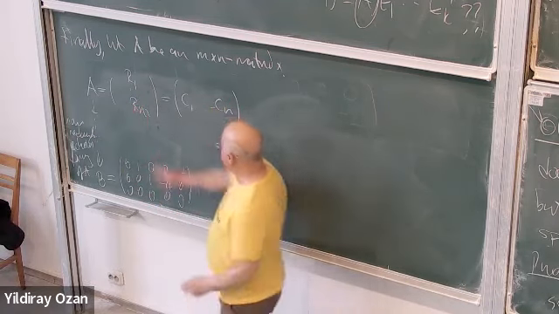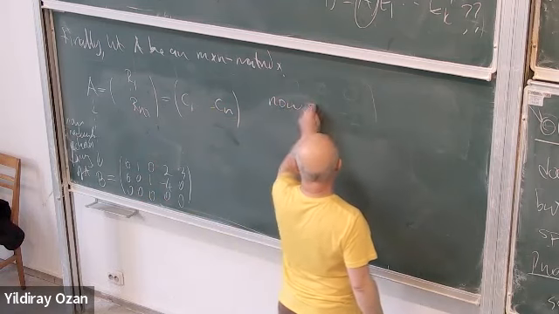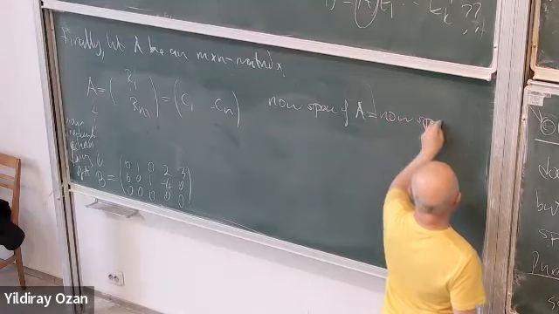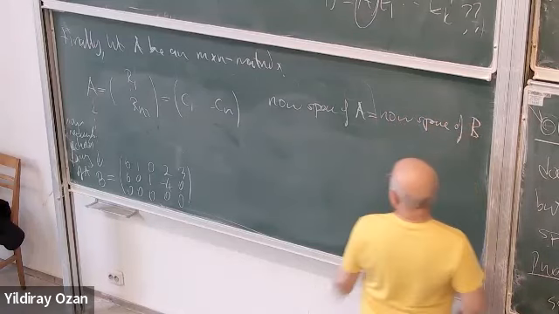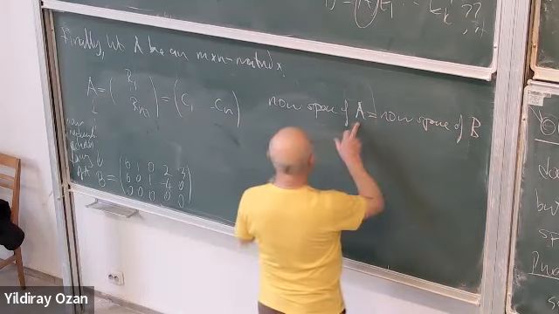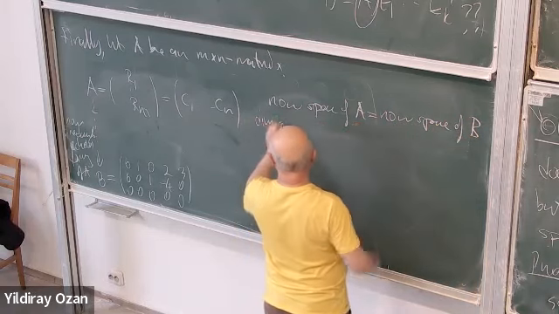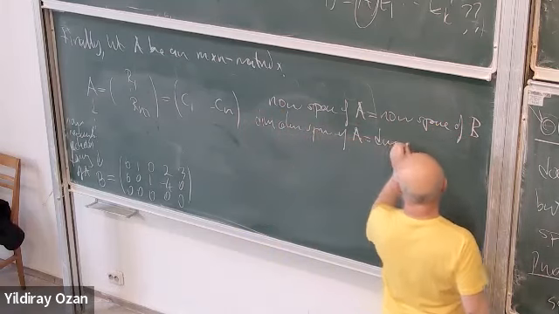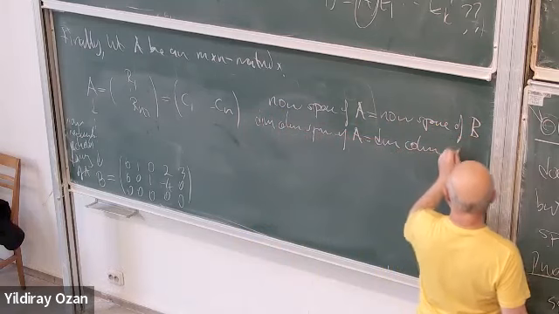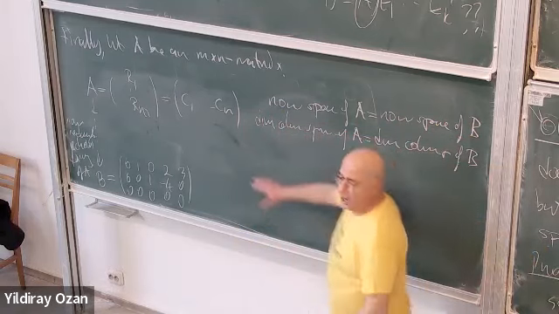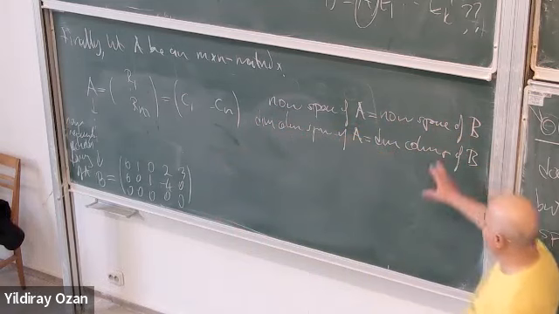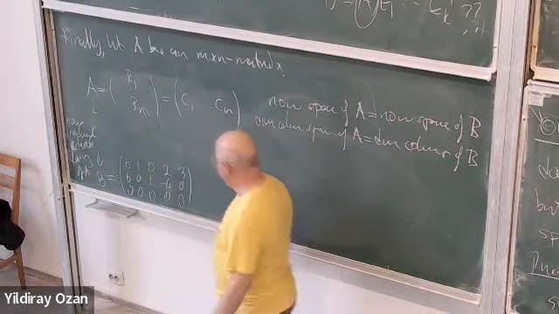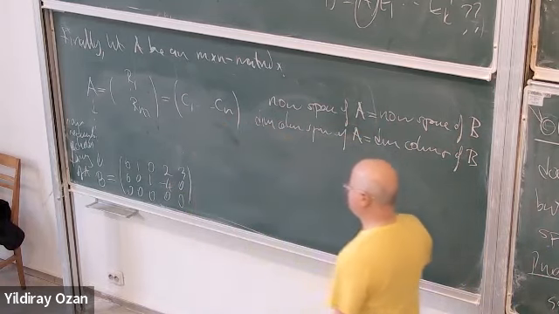Actually, the row space of A is the same as the row space of B, but for column space, the dimension of the column space of A is the dimension of the column space of B. And I am interested in the dimensions. So dimensions are preserved under row operations. And what is the column space of this?